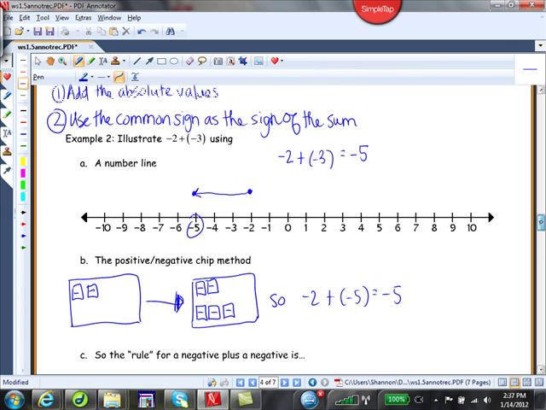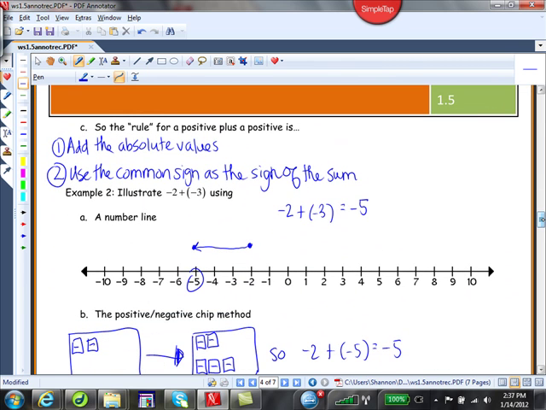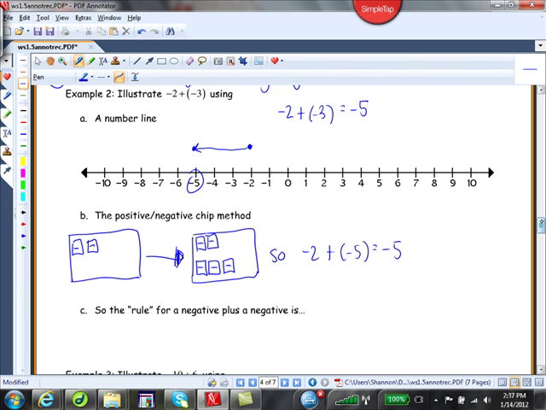So what could our rule be? I mean, if you think about it, doesn't our rule for the first one, the positive plus a positive, work for this guy? Think about it. The absolute value of negative 2 is 2. Oh, and thank you, I'm glad I went over this, I was making up my own math again. This was plus negative 3.